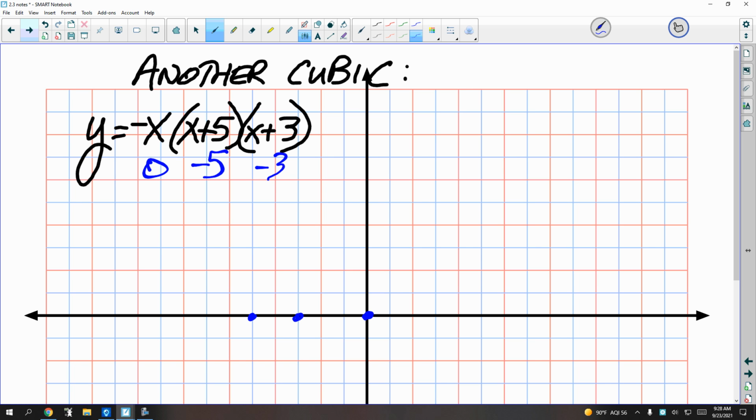I'm going to erase this. I'm going to test left of the leftmost point, so I'm going to test -6. All right, so it's going to be negative, and then a negative, and then a negative, and then a negative.